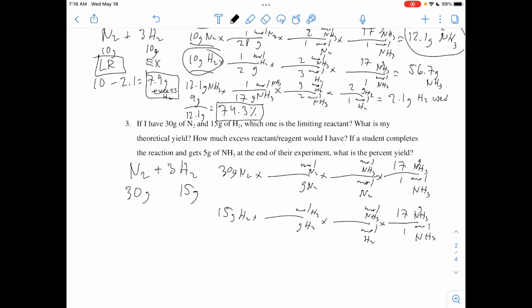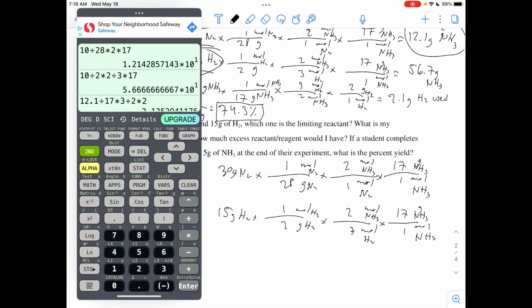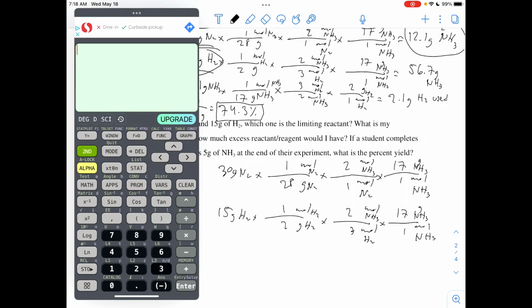So same setup, molar mass is 17 for NH3. Molar mass is, whoops, almost made the same mistake, 28 for nitrogen and 2 for hydrogen. Mole ratio is 1 to 2 and 2 to 3. So I'm going to do this calculation, see which one is smaller. 30 divided by 28 times 2 times 17, 36.4 grams.